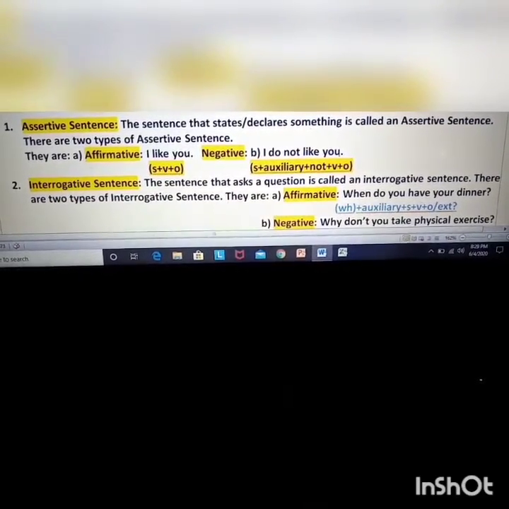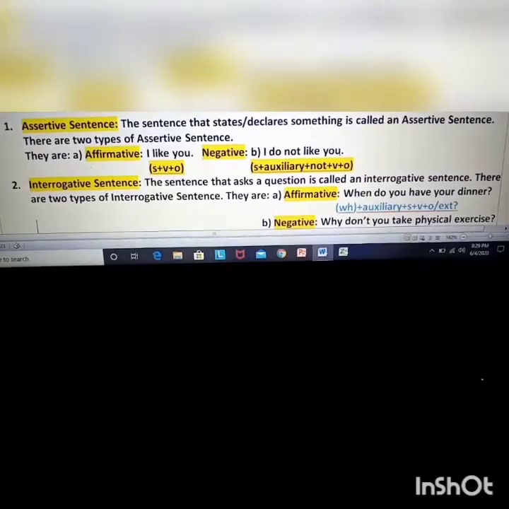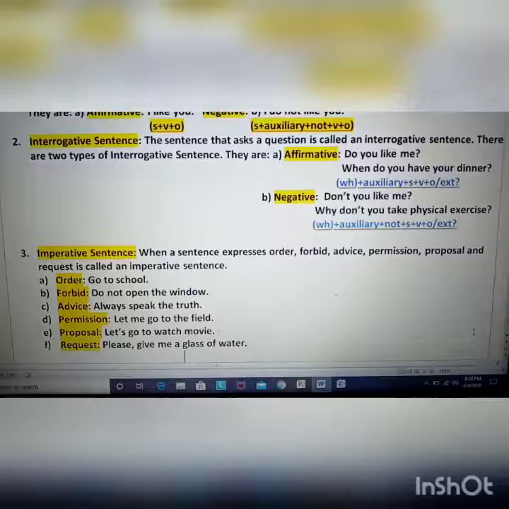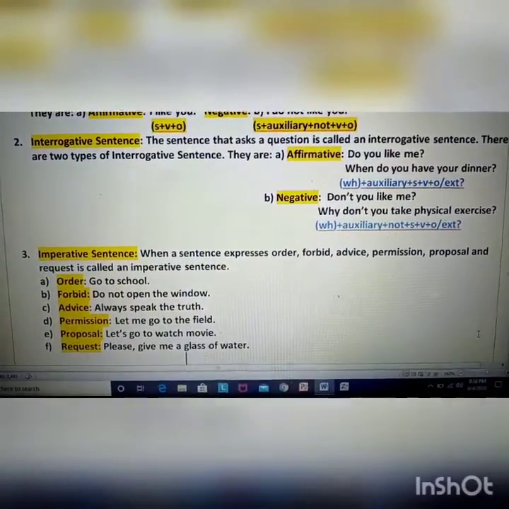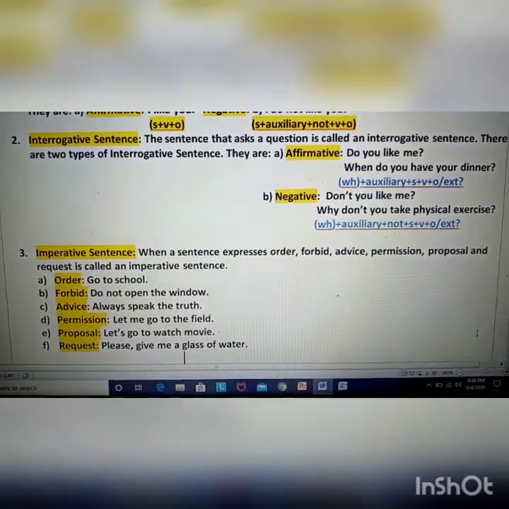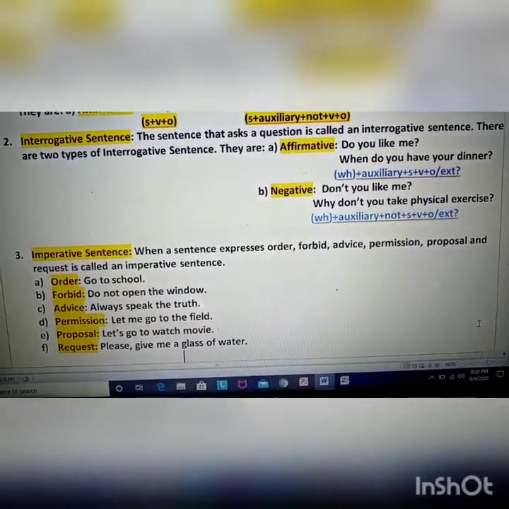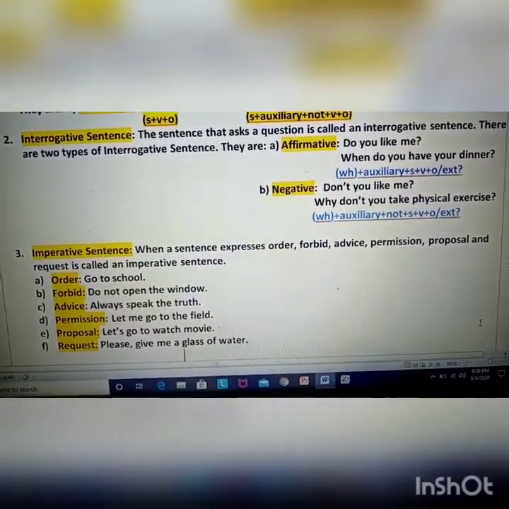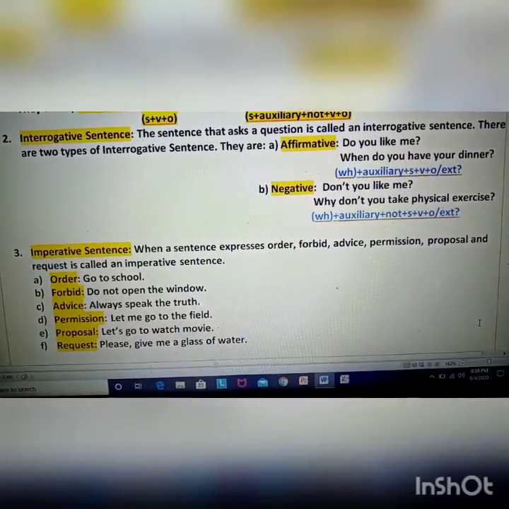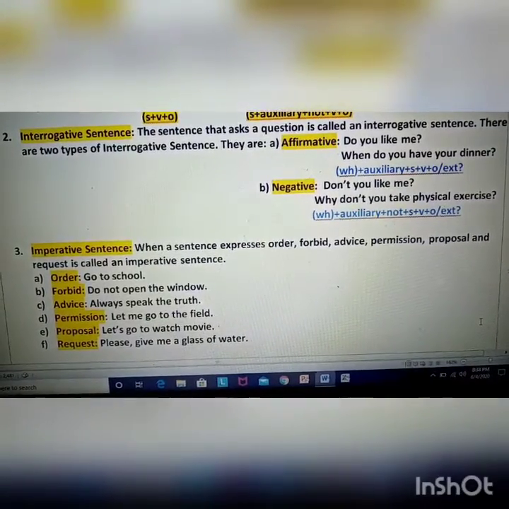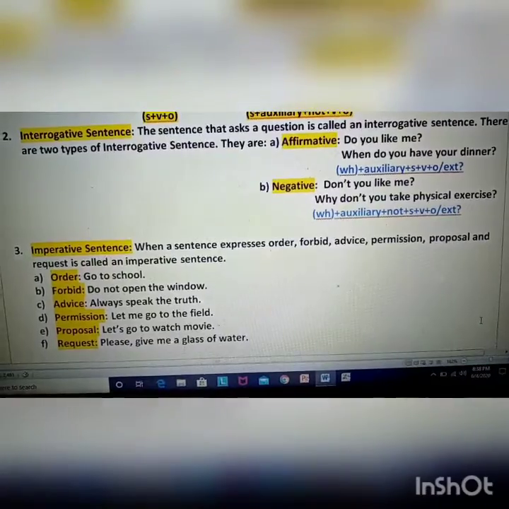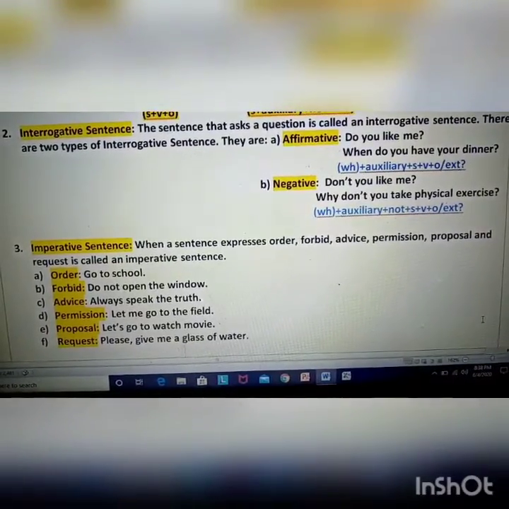There are 2 types of interrogative sentence: affirmative and negative. In another sense, interrogative sentences are also of two types. Number one is yes-no question, and number two is WH question.